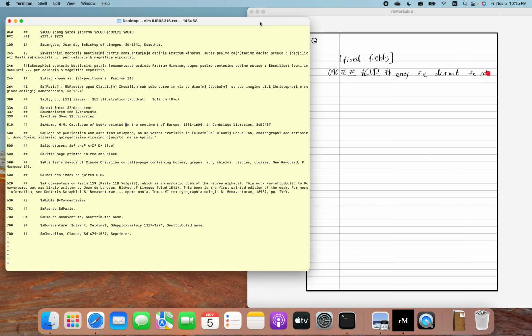I got the order wrong, but it doesn't really matter for the two E's. Not wrong, but just different from what you'll see on the left-hand side of your screen. And then the C is repeated for Cambridge just because that's how it is. D is OCLCQ, that's automatically added. It just means quality control, which doesn't always really control the quality.